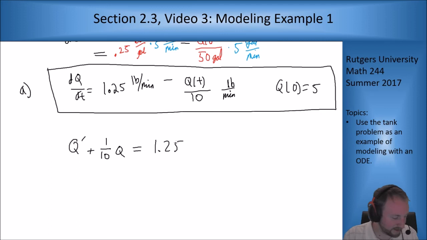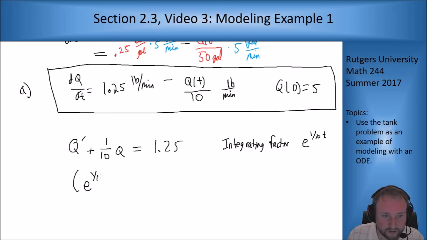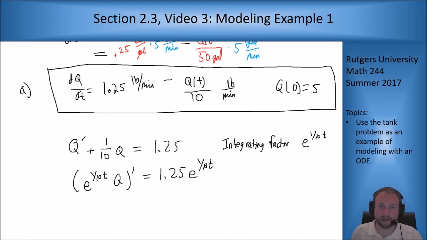We know how to solve this, right? We multiply by the integrating factor, I'm not going to write out all the steps, but you can follow along. e to the 1/10 t, which is going to give me this. This side then becomes e to the 1/10 t times Q prime equals 1.25 e to the 1/10 t. And now I integrate both sides.